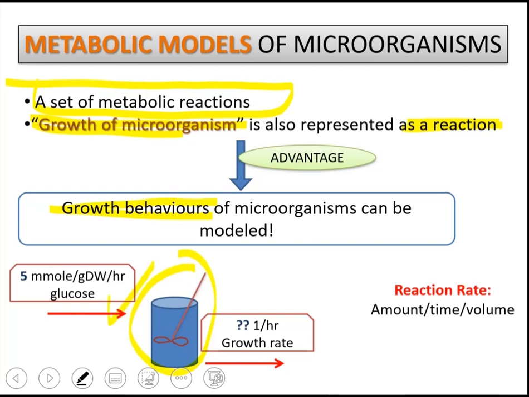Let's say this is the consumption rate of glucose by your organism, 5 millimoles per gram dry weight per hour. So the question is, if you have this information, and if you have this list of reactions that represents metabolism, including the biomass reaction, can you make simulations to predict the growth rate of the organism? And the answer is yes.